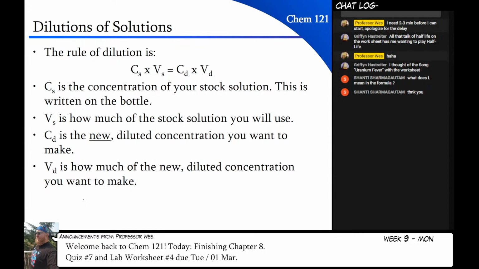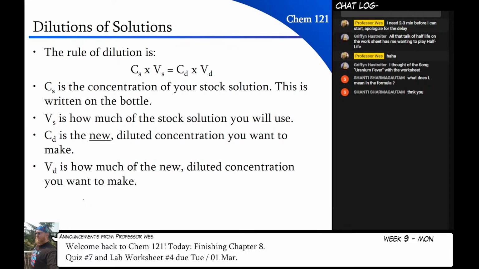All right. So there is a more detailed explanation of what the variables mean. There he goes. He just left. So CS is the stock concentration. VS is the amount of stock solution that is needed in terms of volume. CD is the dilute concentration that you want to make.